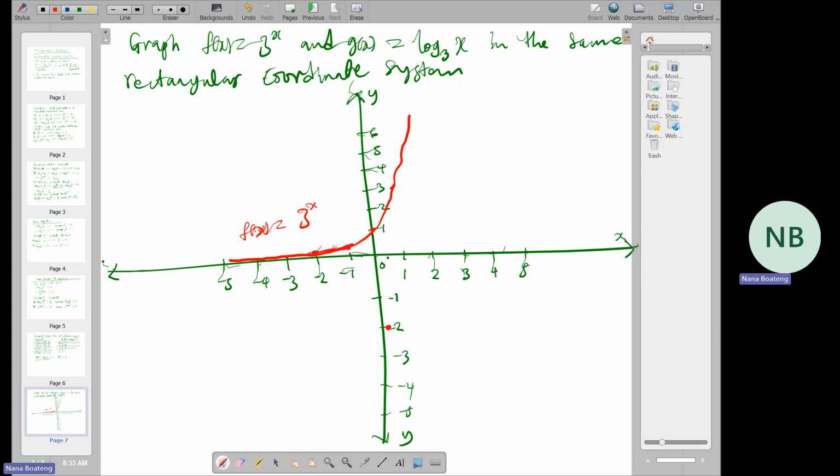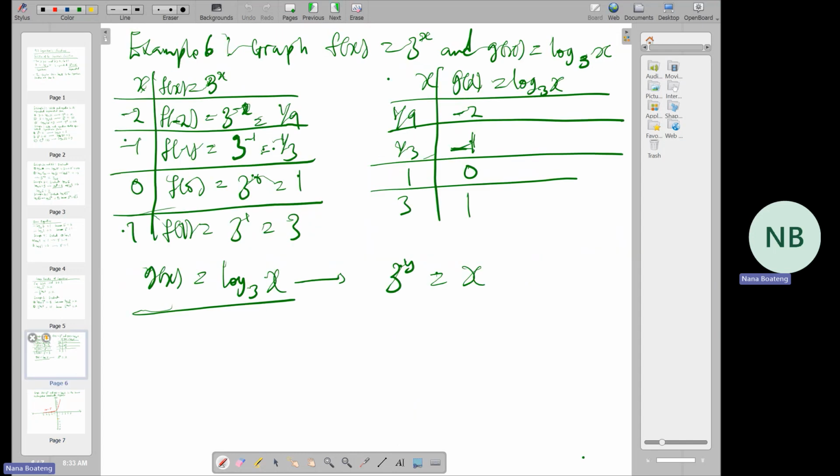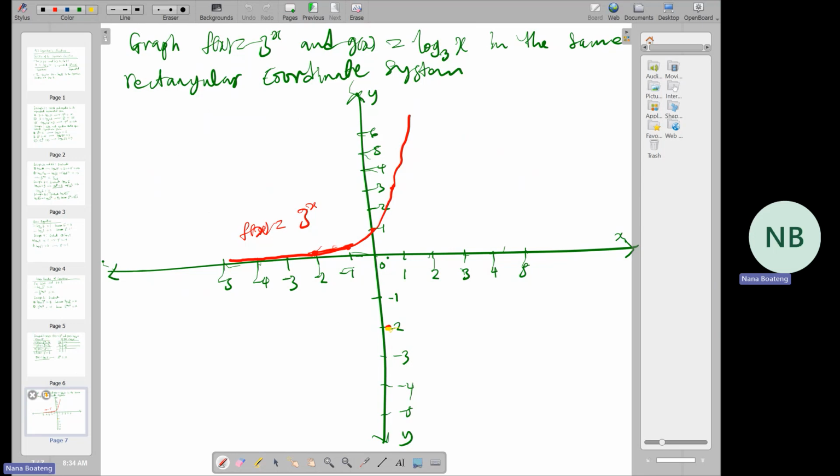And when x is, let me use a different color, when x is 1/3, y is -1. It's about this point. And when x is 1, y is 0. That is this point.